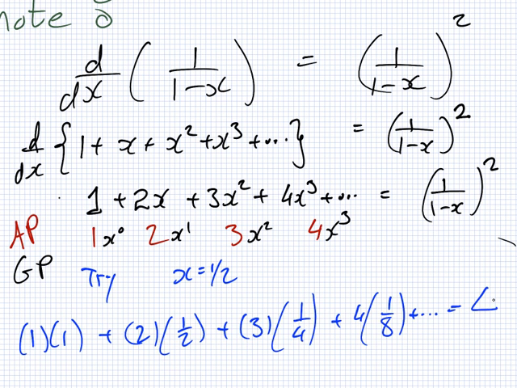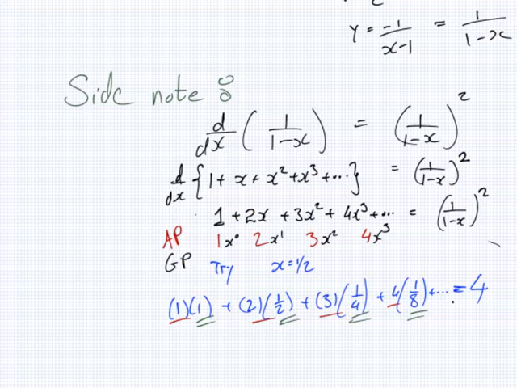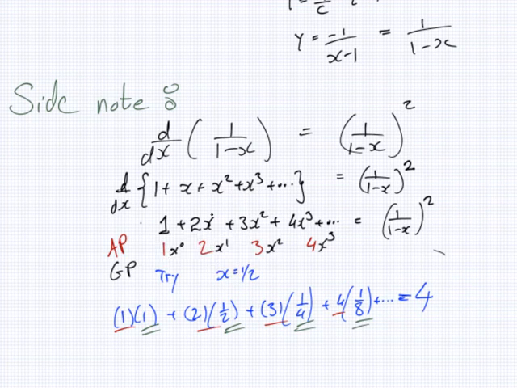That should equal 4 when you add them all up. But you have no way of doing it using AP and GP, because it's not an AP, as only this part's AP. It's not a GP, because only this part is GP. But yeah, we can still get the answer. I just think that's an interesting result from this question.